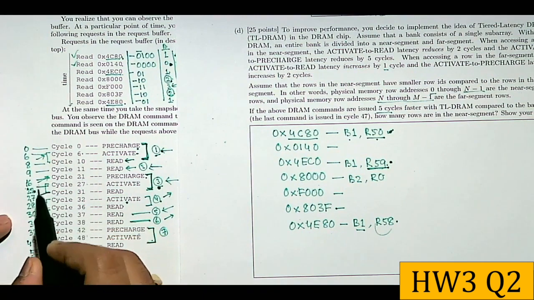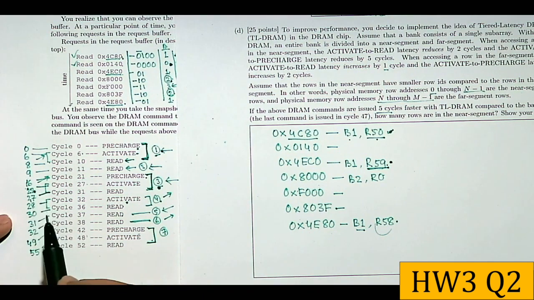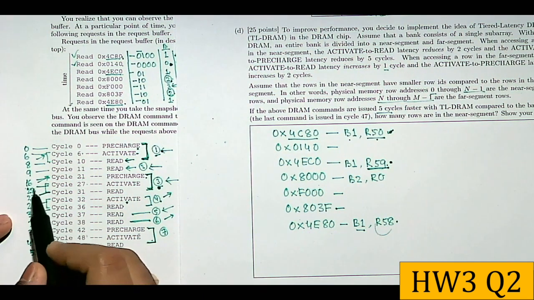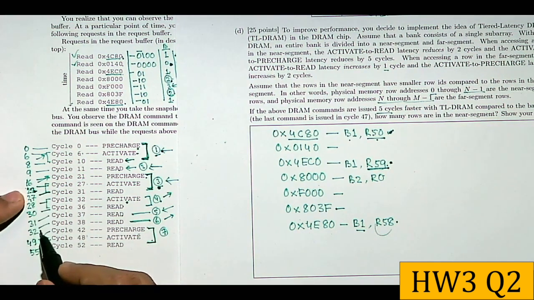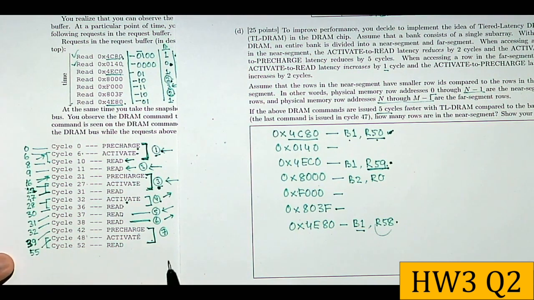So this should be 22 plus 17, right? This one is 22. Yeah, I actually added from 32. So this should be 22 plus 17, 39. Does it make sense? Okay. Oh, thank God. So this is 39.